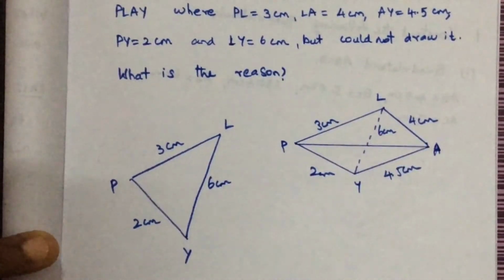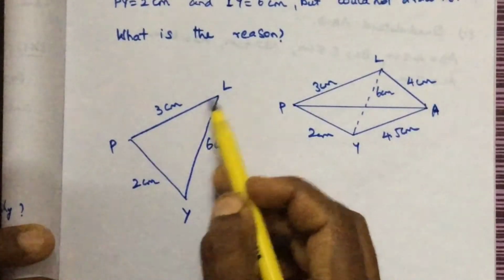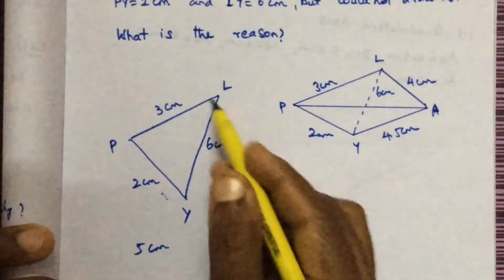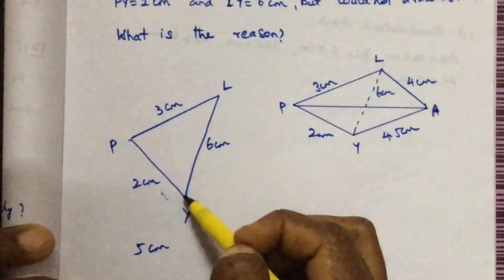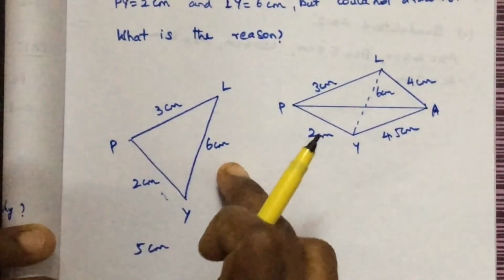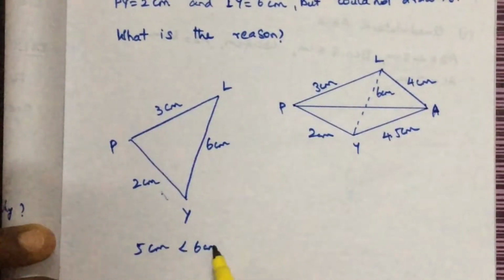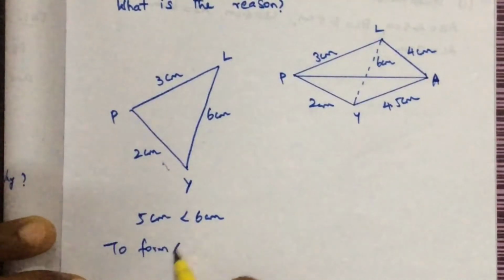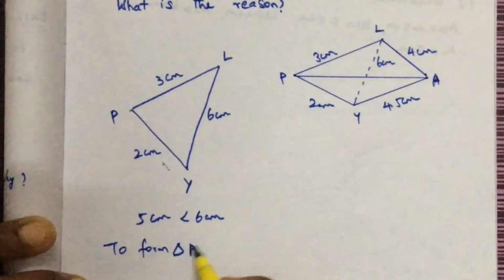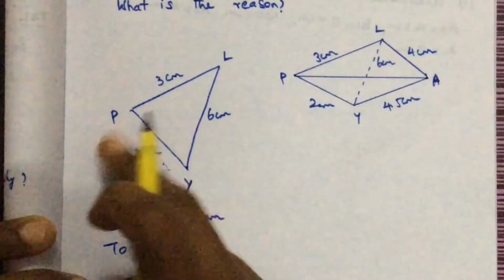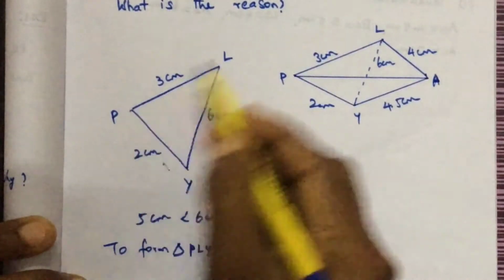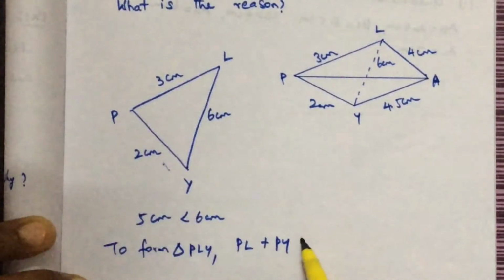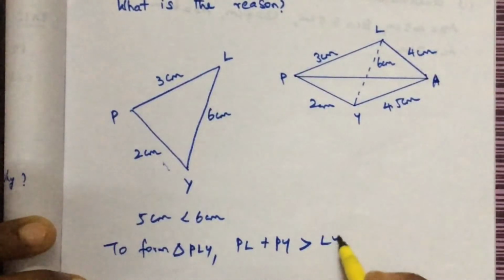Okay, now let me check this first. What is 3 plus 2? 3 plus 2 is 5. Okay, this 5 centimeter, when you add two sides, it should be greater than the third side. Now here it is less than the 6 centimeter. Okay, to form this triangle PLY, if you add PL plus PY, it should be greater than this LY.